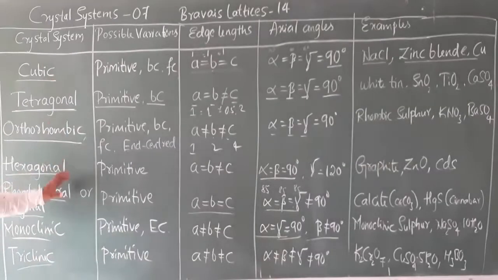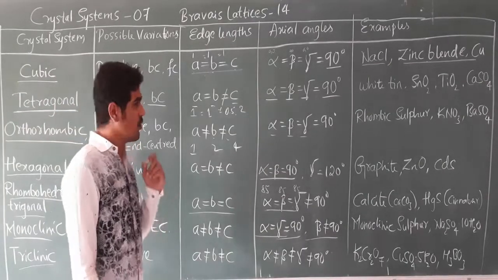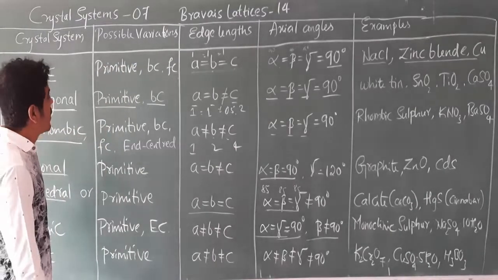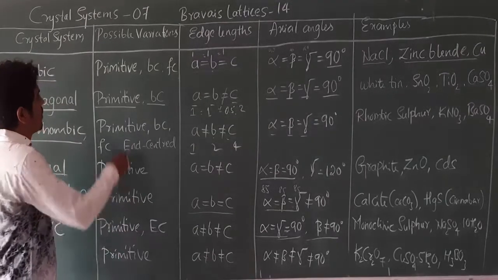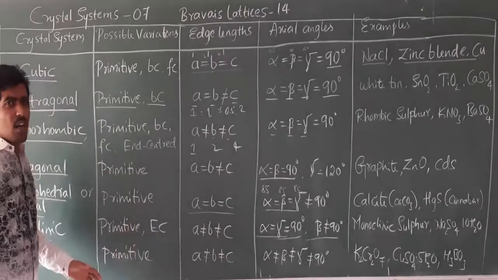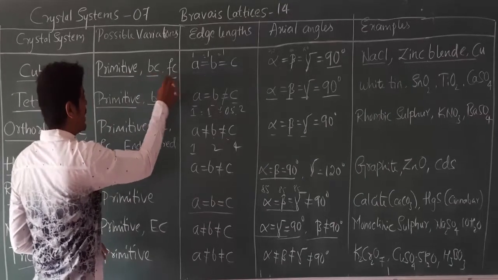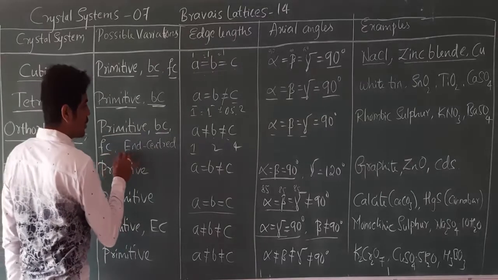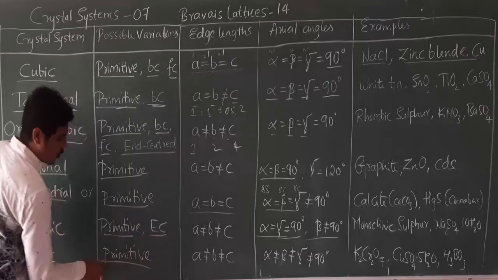So this is all about the 7 important crystal systems. Now, when you observe the possible variations, how many possible variations in lattices will be obtained? Totally in 7 crystal systems, if you count this, how much will you get? 1 possible variation, 2, 3, 4, 5, 6, 7, 8, 9, 10, 11, 12, 13, 14.